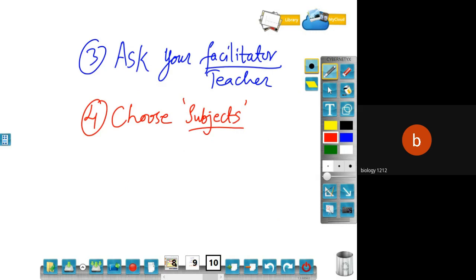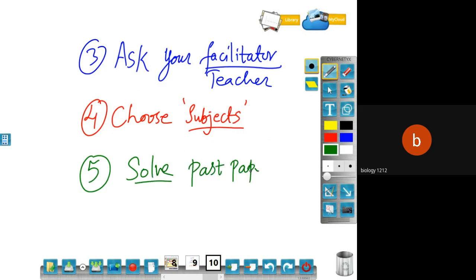The next one is the fifth point, and this is important: solve some past papers, from both core and extended. Please solve the core and extended papers within the stipulated time.